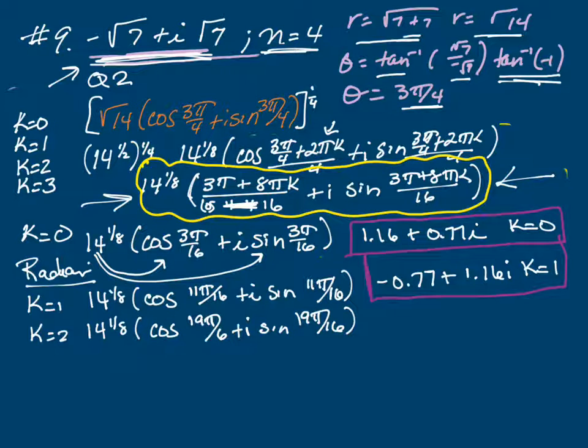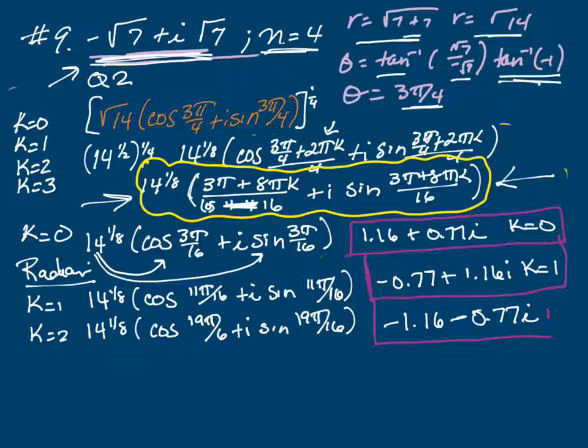So just go back up with your calculator, and instead of 11, put in 19, and you should get negative 1.16. And go back and put sine in, and you should get negative 0.77, so minus 0.77i. Make sure you can see that's a minus. There wasn't supposed to be a dot in front of that. All right, so there's when k equals 2.